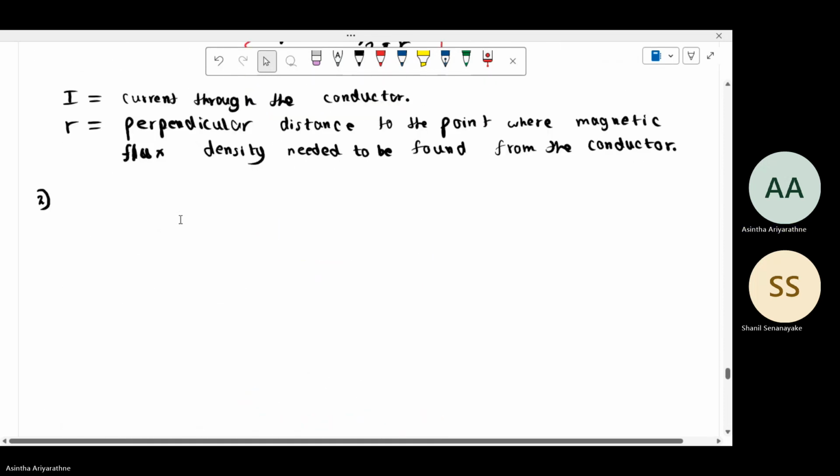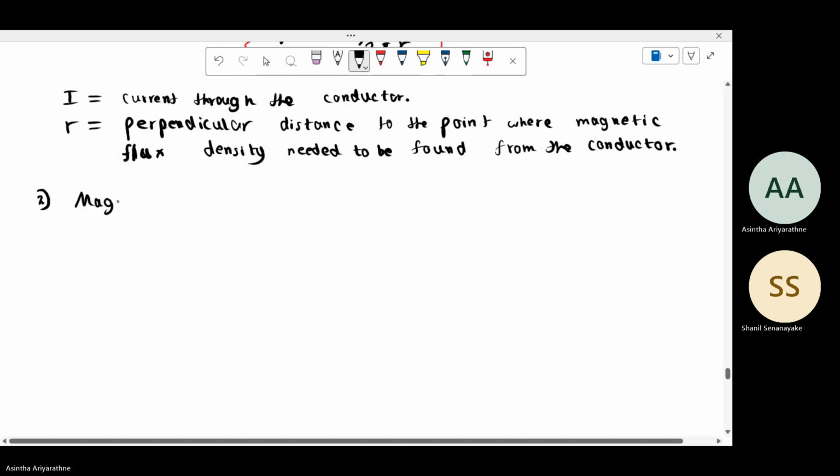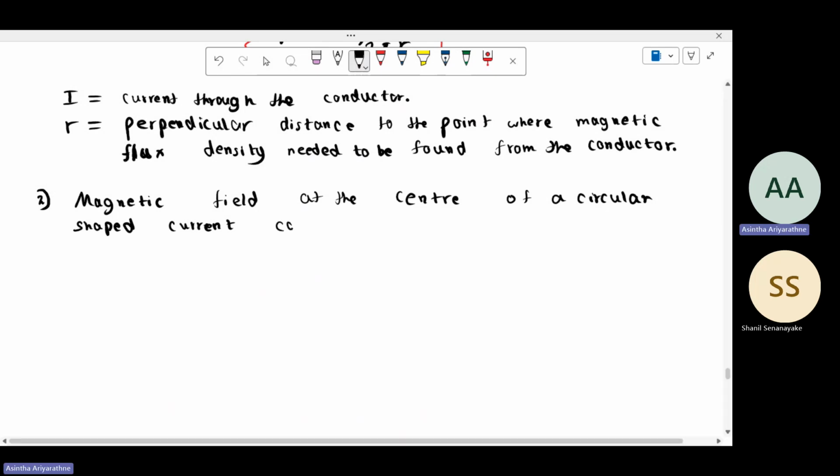The second one is the magnetic field at the center of a circular loop, a circular shaped current carrying conductor.